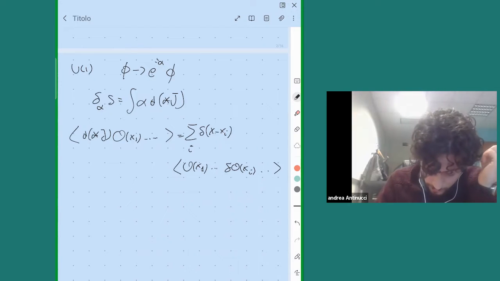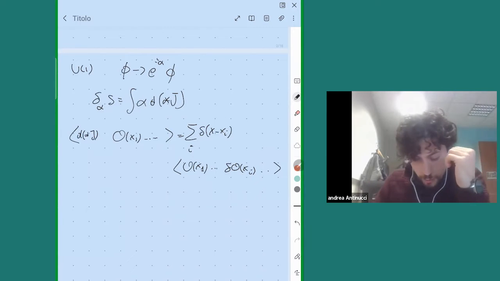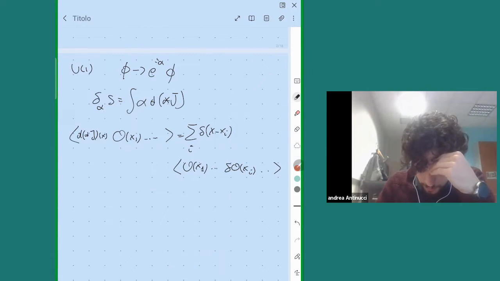Sorry, this is valid at x, of course: d star j at x. What you can do is to integrate x in a region, we call it D, and the boundary of this region will be a codimension 1 surface.